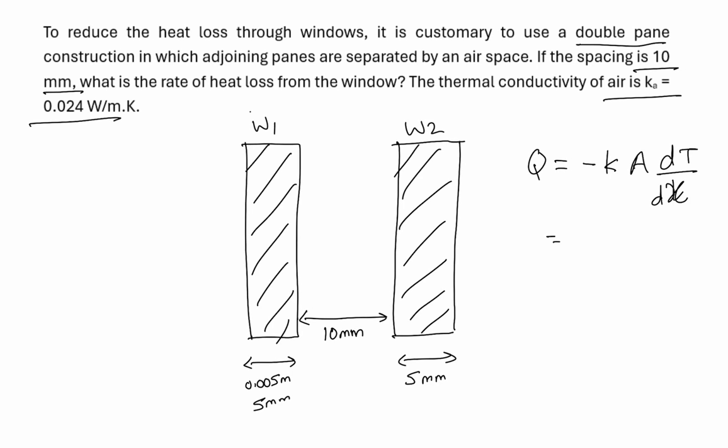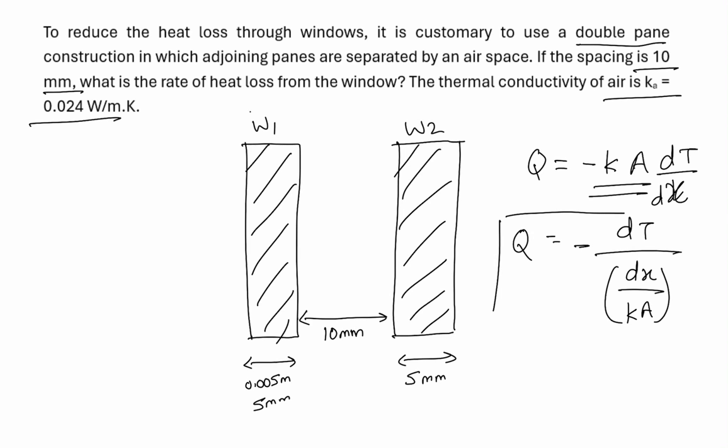If we take the term kA into the denominator, it comes as dT divided by dx over kA. So this formula can also be written in this form.